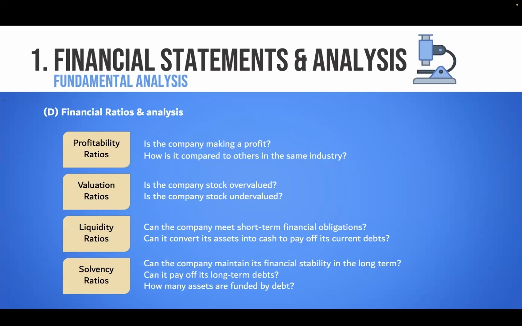And then solvency ratios: how is the stability of the company? Does it have enough money to stay stable? Can it pay long-term debts? And in terms of assets, how many assets are funded by debt? Because that defines the stability of a company, right? So these four categories are what we're going to go through.